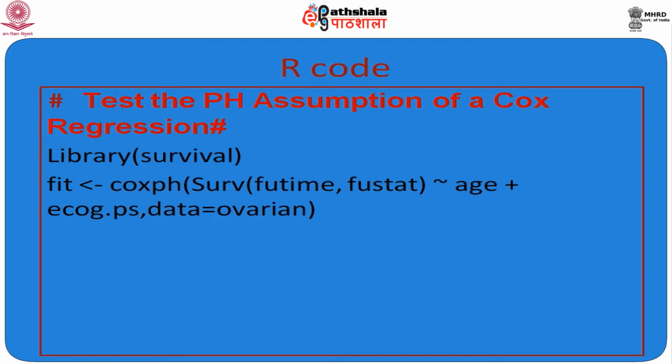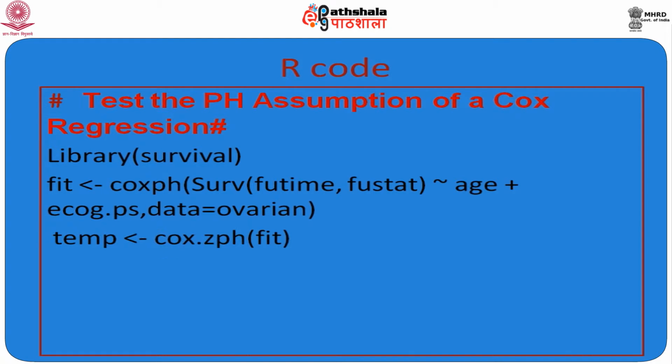Here we are going to use the coxph function initially to get the model, and after coxph, in parentheses, the capital Surv function will be useful to model the Cox PH values here, and the covariates considered are age and ECOG.PS for the data ovarian.